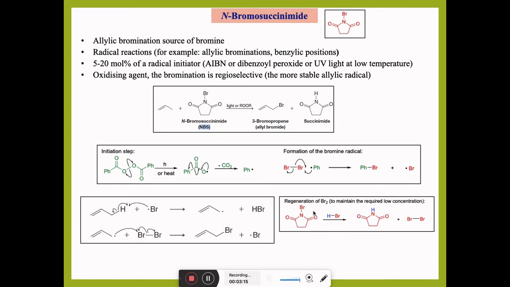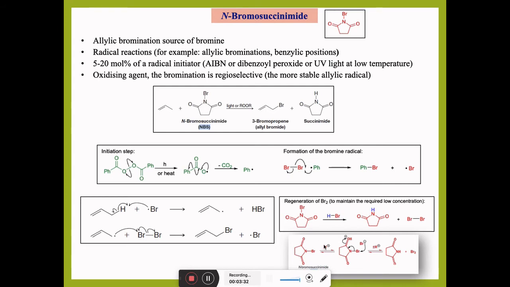So when we take N-bromosuccinimide, the mechanism of formation of bromine is given here. When N-bromosuccinimide reacts with the HBr which is formed in the reaction, HBr is H plus and Br minus.